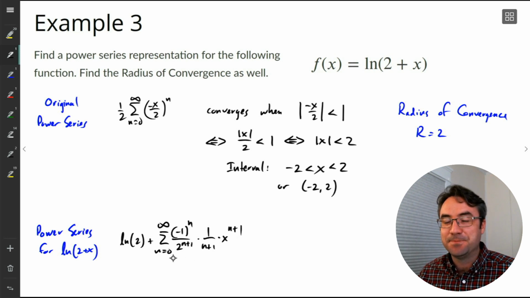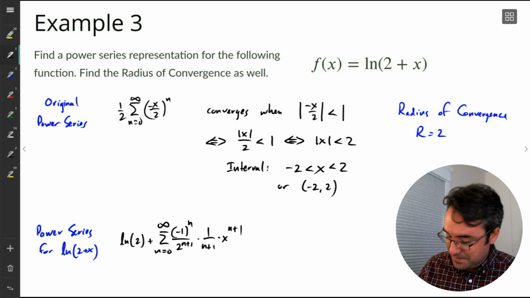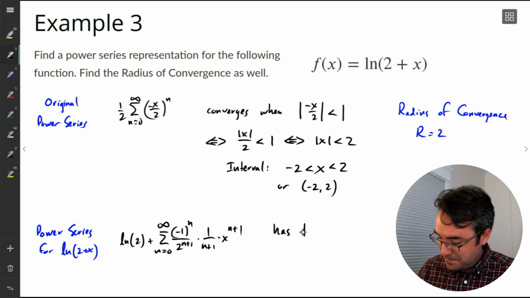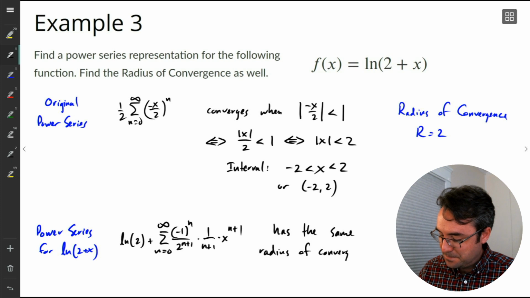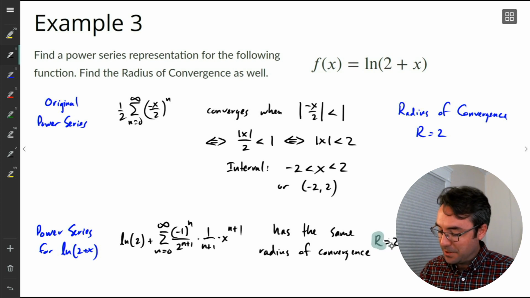I think I got it. This power series has to have the same radius of convergence. So r equals 2.